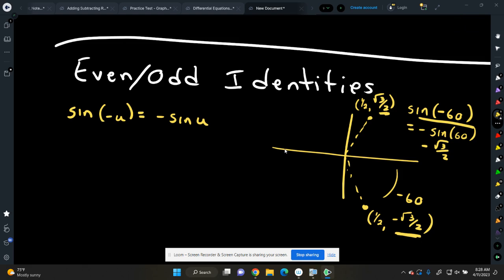So if I'm taking the sine of a negative angle, I just have to think of the sine of the angle and then take the opposite of it. So that means that cosecant of negative u is equal to negative cosecant.